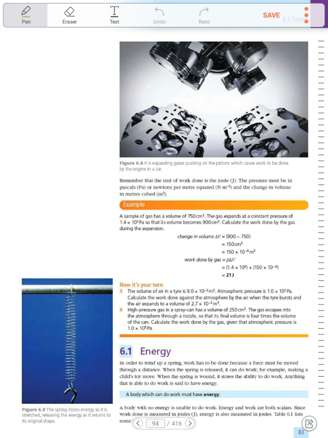Here we have a sample of gas that has a volume. This is V1. The gas expands at a constant pressure, this is the pressure, so that the volume becomes this final volume. So we can find the change in volume and calculate the work done on the gas during the expansion.